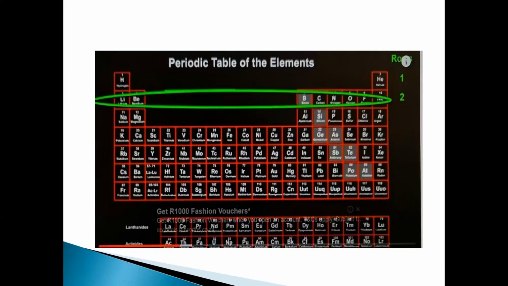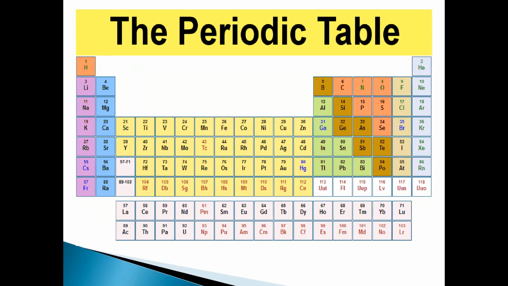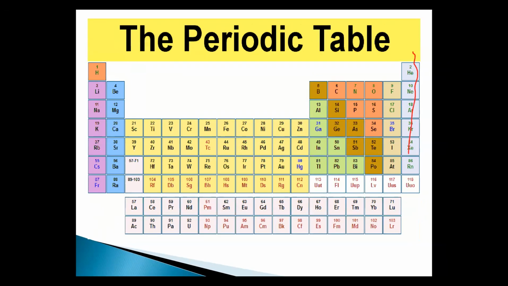Let's go back to where I was trying to explain to you in the beginning, so that it's clear. For example, here they are talking about the families. I was saying these ones right here, these are the gases, right? Then these ones here, these are the metals, as you can see, beryllium, magnesium, calcium.